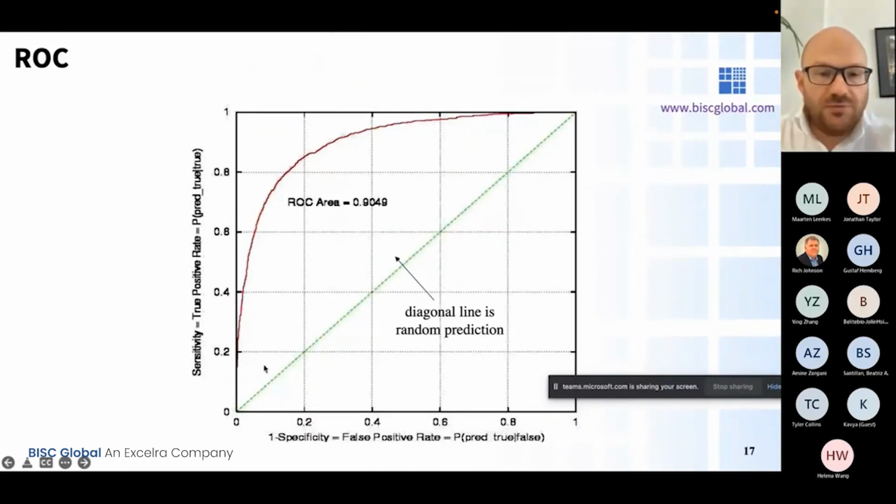If your area is getting to 1, you have a very sharply growing curve up, and then pretty much it goes flat, right? That type of shape of receiver operating curve means that you have a very good model. Most of the time you see something like that, which will probably correspond to 0.7 area.